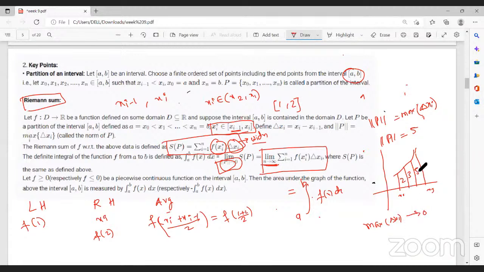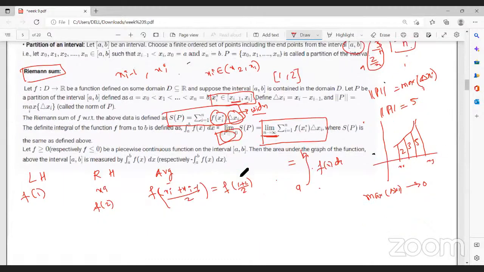If my 5 is tending to 0, automatically 3 and 2 will tend to 0. Say this is 5 by n. If I increase the value of n, it will tend to 0. Same for 3 by n, 2 by n also. So that's why I'm taking the maximum of delta xi. That is the norm of p, which is tending to 0.